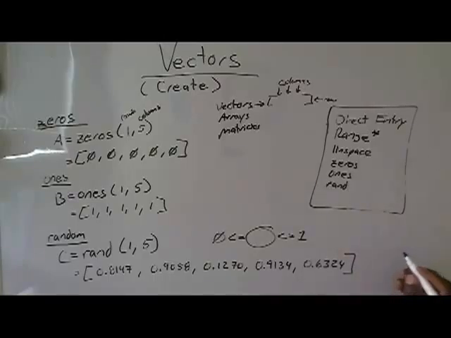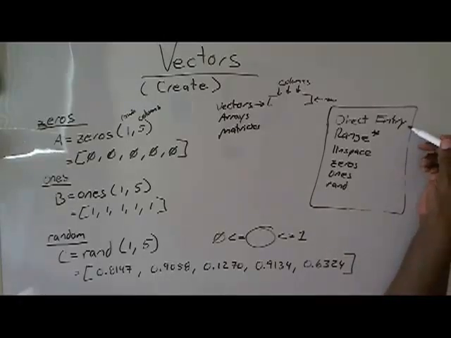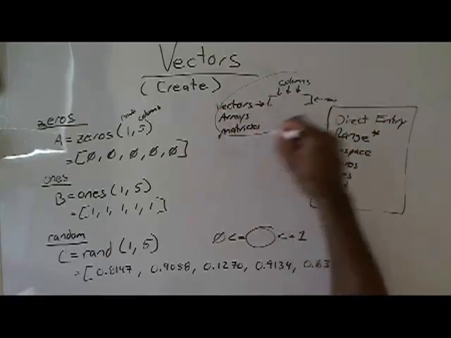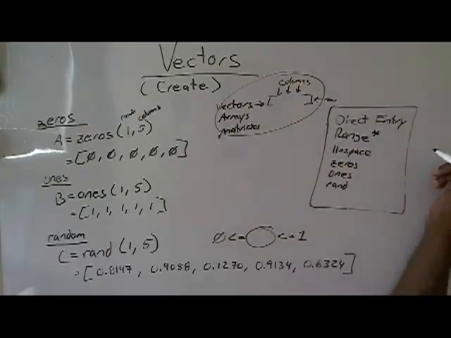Okay, and if we can master these, then we'll be able to create any vector we want. And then understanding that vectors are one-dimensional, we'll get into multi-dimensional stuff later. So that's creation of vectors. Next, we're going to look at some operations on and with vectors.